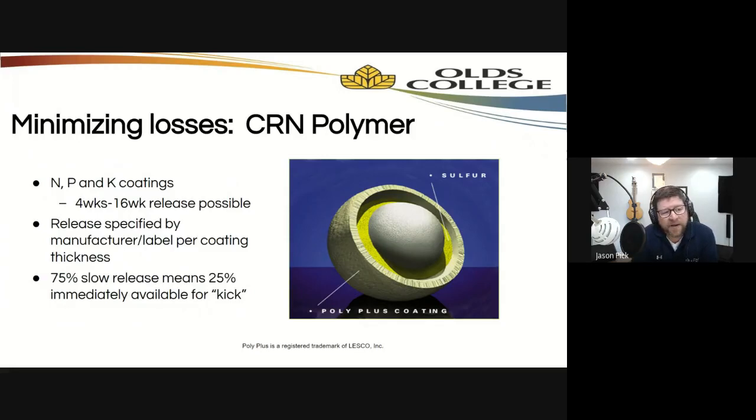Your N and your K coatings, nitrogen and potassium, work exactly the same way. That's why when we say what a balanced fertilizer program is, it's got equivalent amounts of N and equivalent amounts of K. So a 3, maybe 1, 3 as a fertilizer ratio would indicate a balanced program.